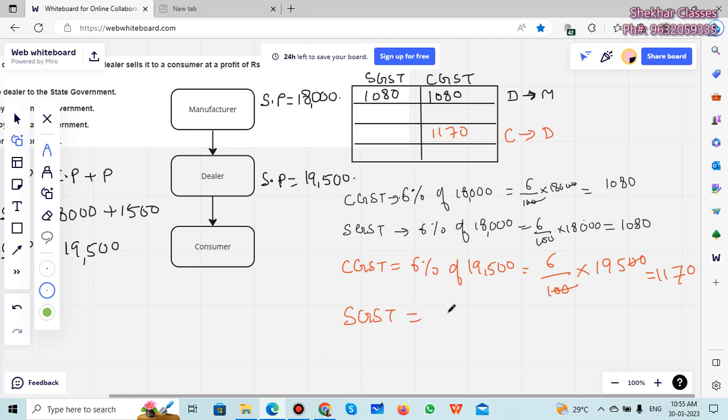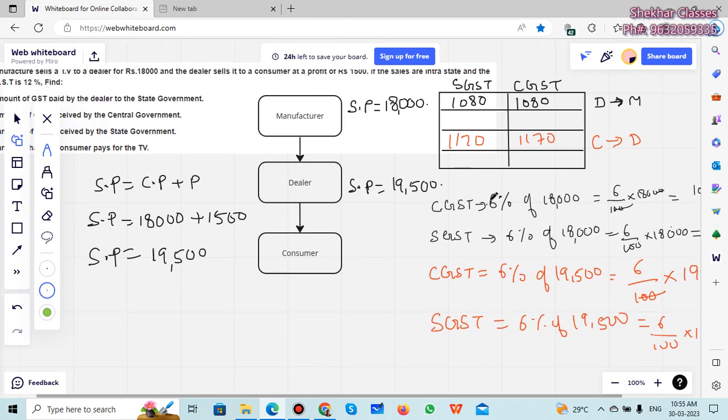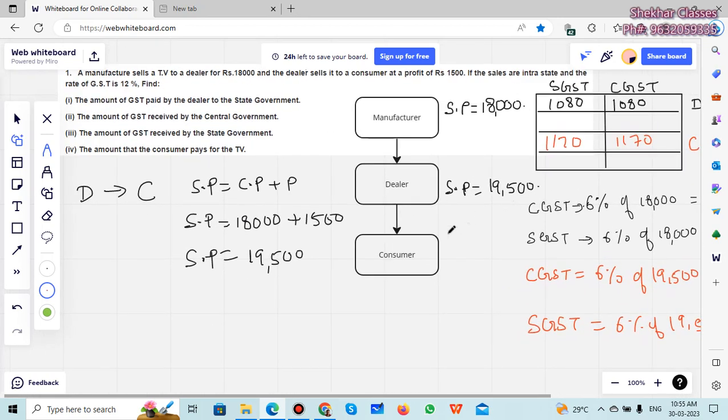SGST is equal to 6% of again 19,500, the same, which will be 1170. This is the consumer to the dealer here.